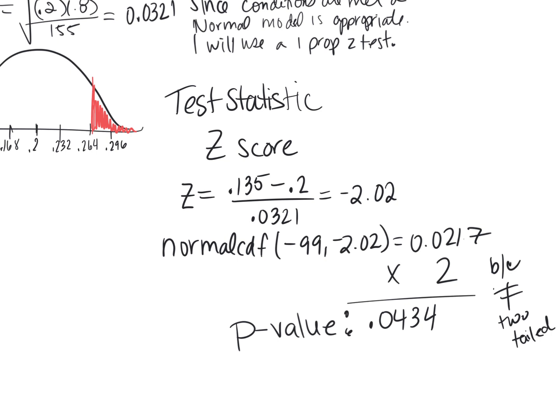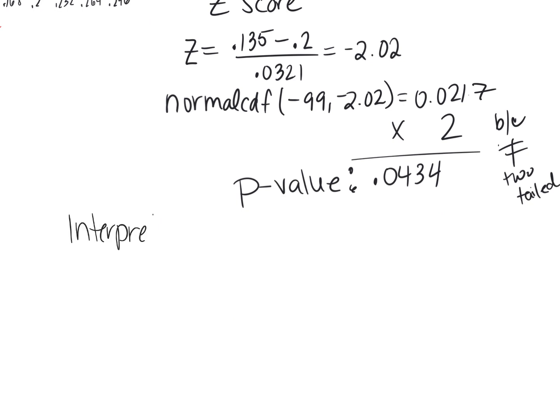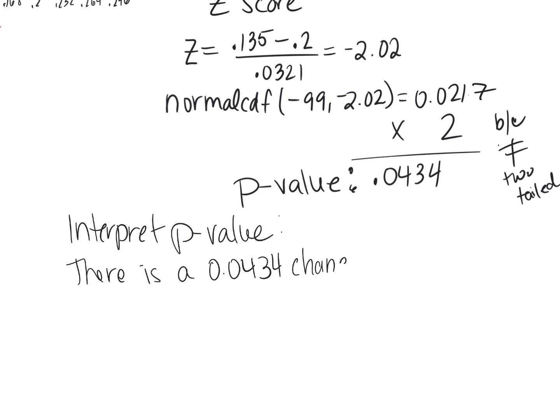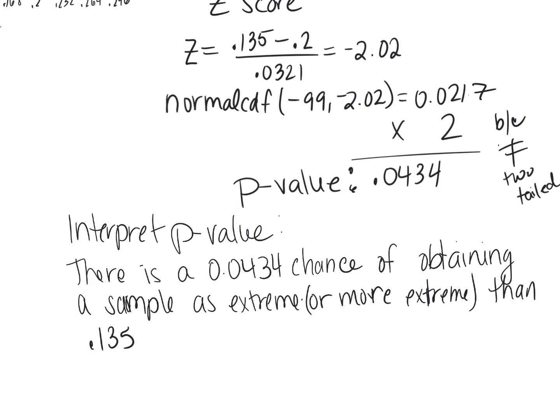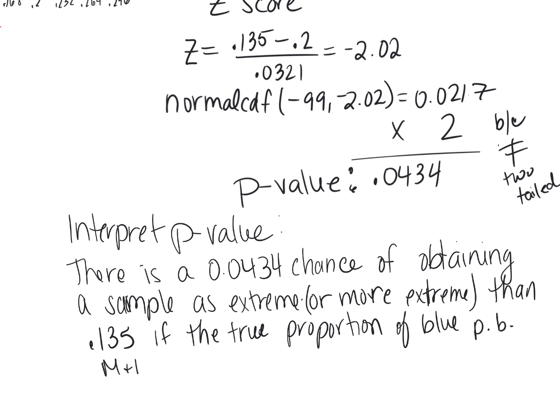Then we can interpret our p-value. There is a 0.0434 chance of obtaining a sample as extreme or more extreme than 0.135 if the true proportion of blue peanut butter M&Ms is 20%.